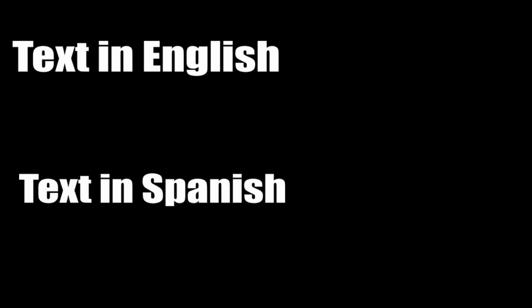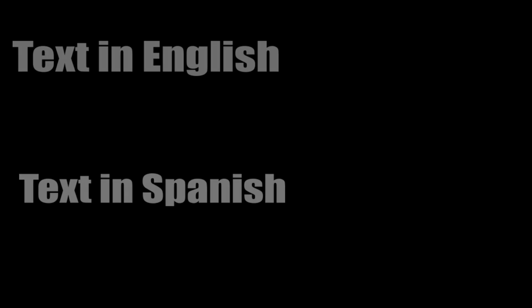I'm gonna be very clear and slow so you can hear how each word sounds. Then I'm going to give you a moment with the text in Spanish on screen so you can read it out loud as best you can. If you need more time for this part, go ahead and pause the video and take all the time you need. Lastly, we're going to do one last round together, first in English and then in Spanish.